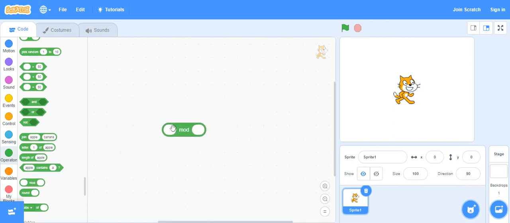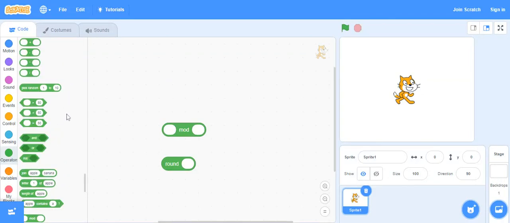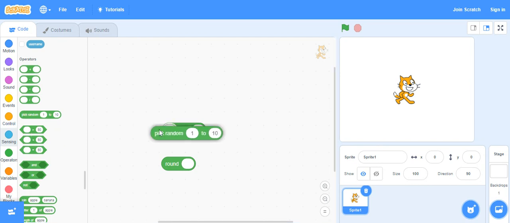Now comes the harder bit, the mod. Suppose you have two numbers that are not divisible and you want their remainder. So this block can come in handy.